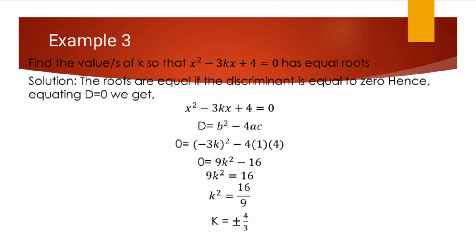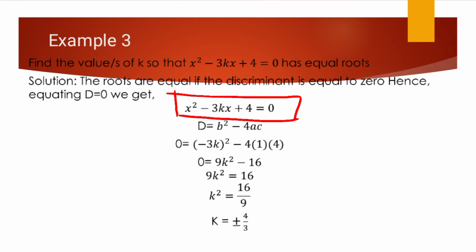So, again, we are going to identify the values of A, B, and C. So, this is now the equation. X squared minus 3kx plus 4 equals 0.